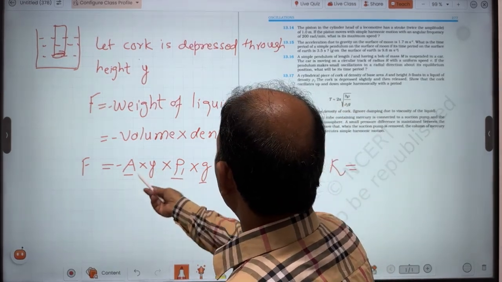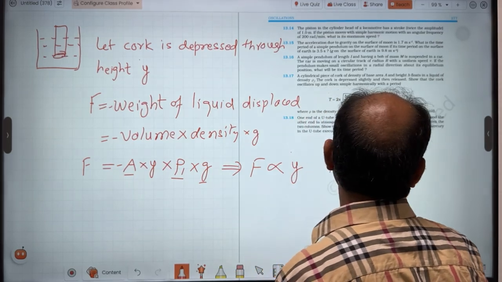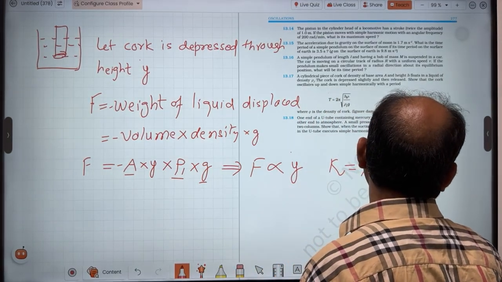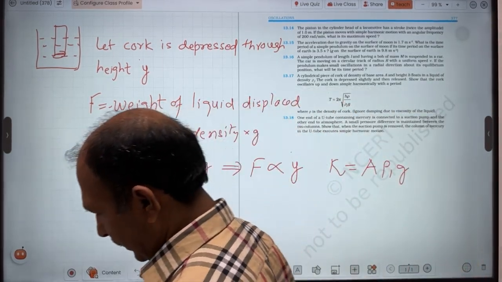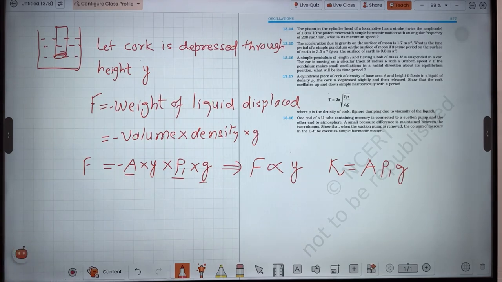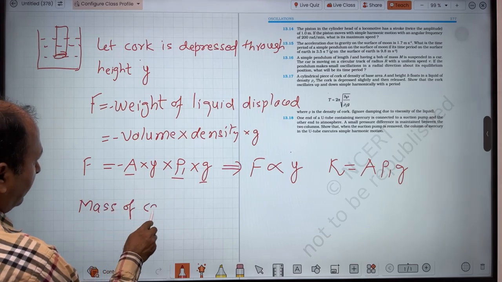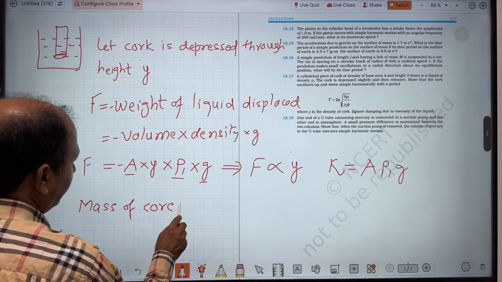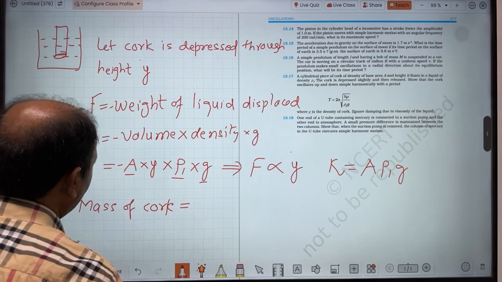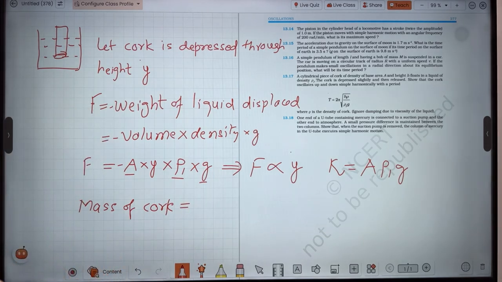F is minus Ky. So A rho 1 G, A times rho 1 times G, this is the value of K. Right? Now let's see what is the mass of cork. Mass of cork will be its volume into its density.